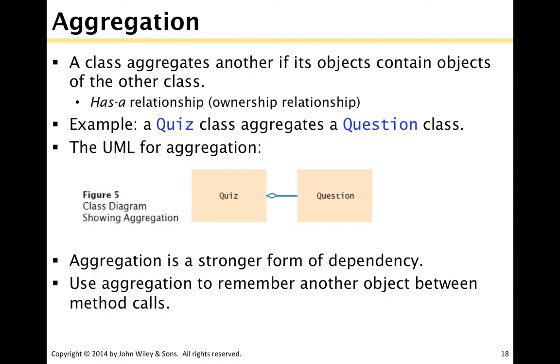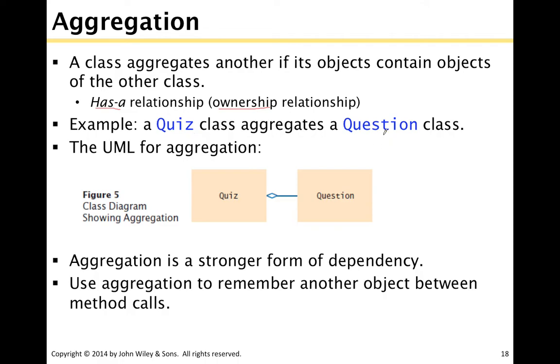The next relationship is called aggregation. Aggregation is also known as a "has a" relationship or ownership relationship. What it literally means is one class owns another one. For example, between the two classes Quiz and Question, to make up a quiz you need to have many questions.